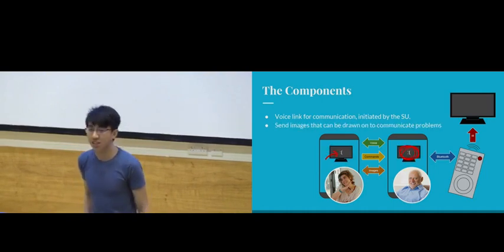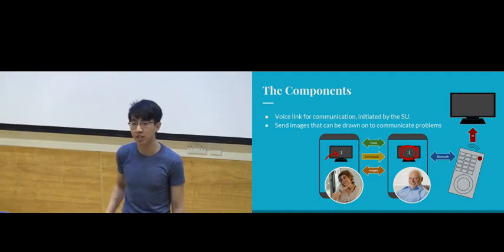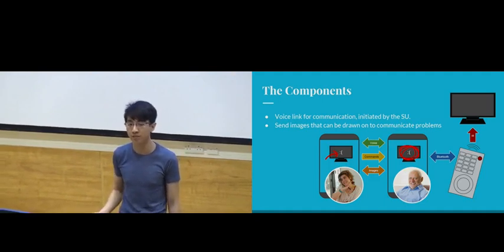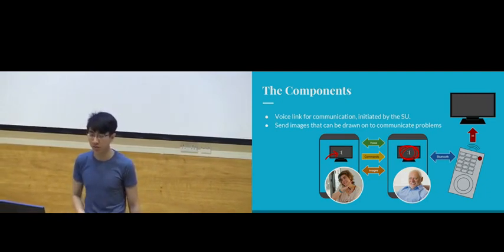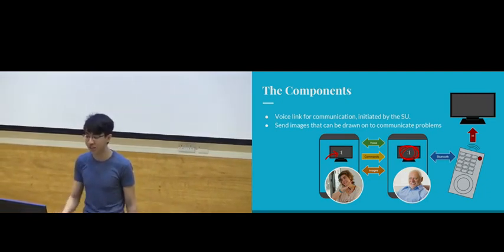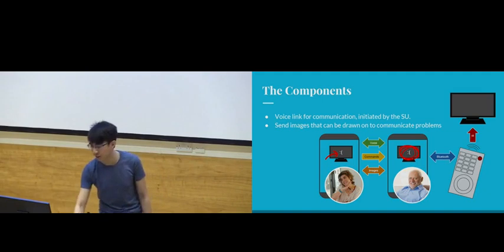And finally, the service user can also ask the help giver for help by sending them photos of the problematic device. And the help giver can then draw on the diagram and send it back so that the service user will understand at a glance which button to press, where to aim the remote control, and so on and so forth.